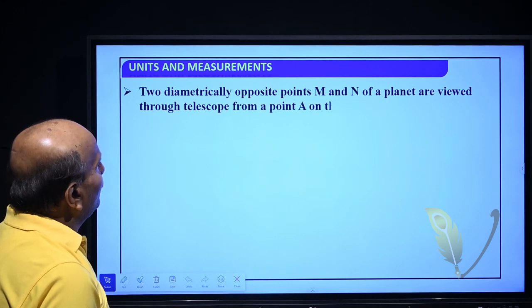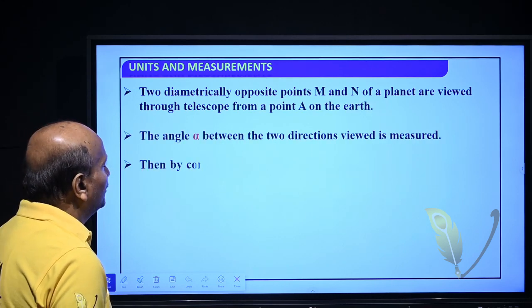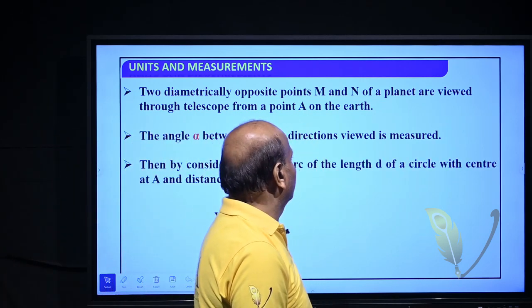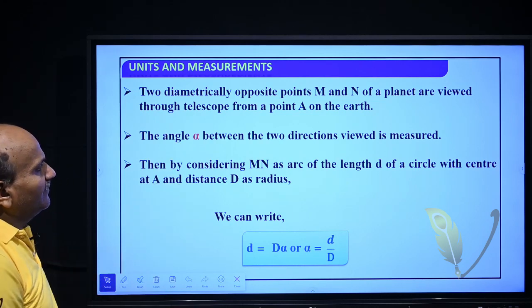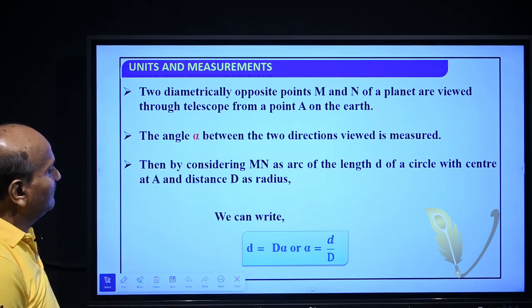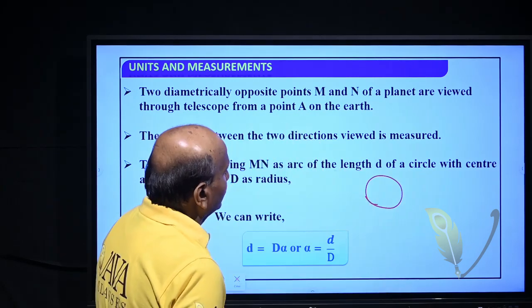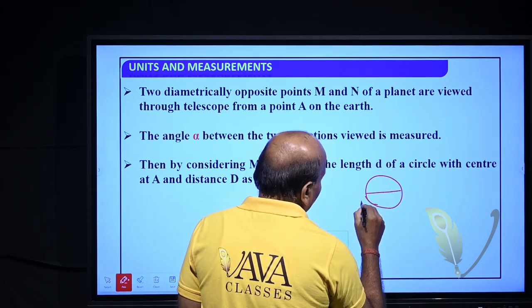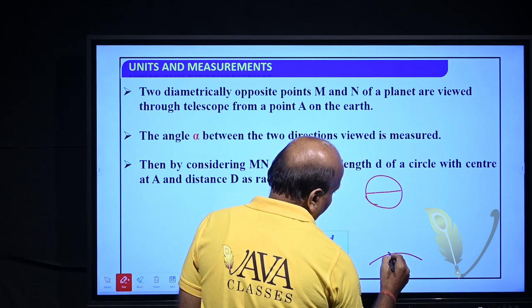Two diametrically opposite points M and N of a planet are viewed through a telescope from a point A on the earth by this parallax method. Let alpha be the angle between the two diametrically viewed directions. Suppose this is a planet and this is the diameter of the planet, and here is the position on the earth.